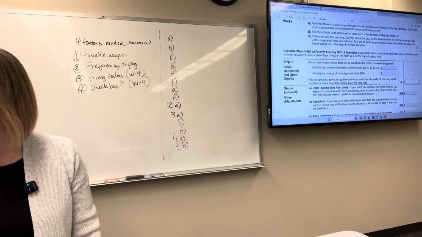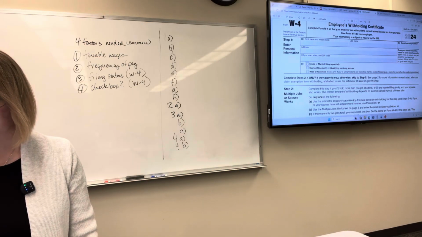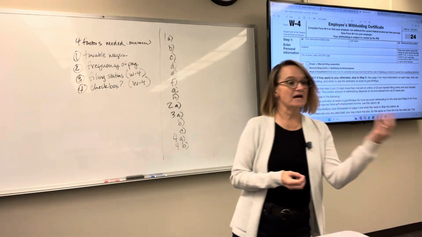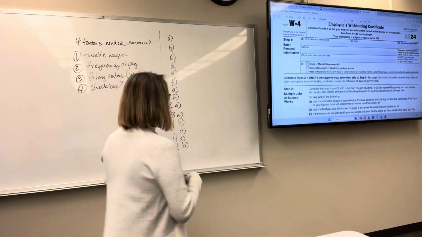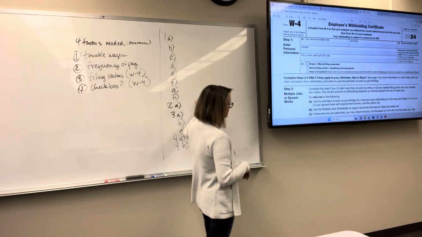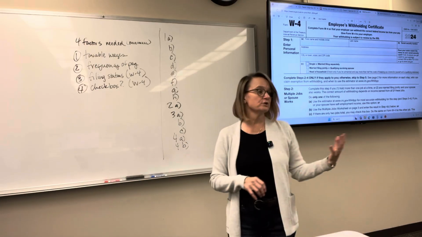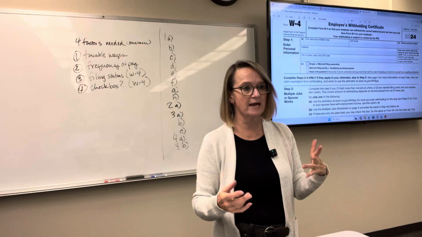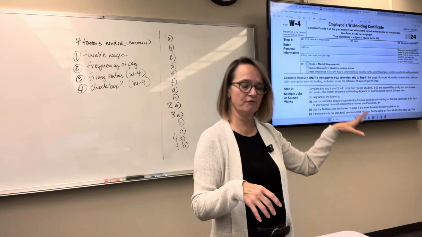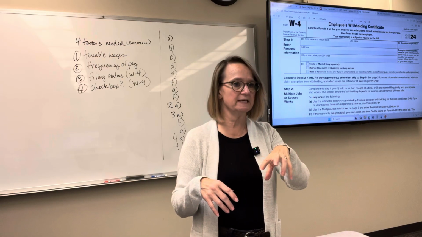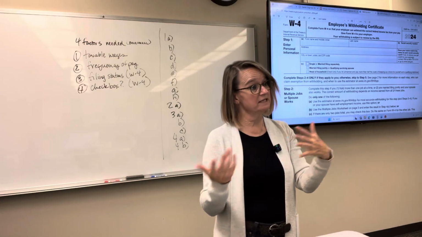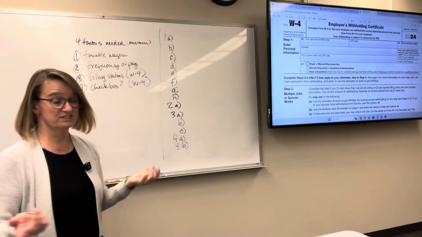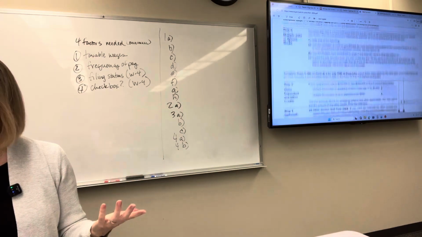This is helpful, as I mentioned before, when you're doing your homework, to have one of these handy, because as you'll see when we go through the worksheet, it refers to lines on the W-4, but it'll just say, take the number from Step 4 or Part B and enter it here. So it's handy to have this open so that you can remember what exactly Step 4, Part B is. Okay?